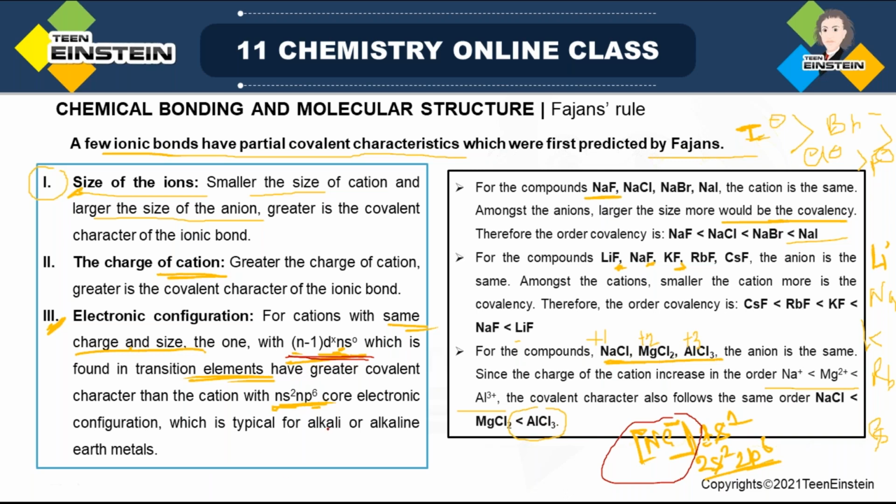The cation with the first type of configuration, (n-1)d^x ns^0, will have greater covalent character compared to the cation having ns2np6 core electronic configuration. This is the outermost configuration and this is the core configuration, and this is typical for alkali or alkaline earth metals, that is group 1 and group 2. Fine, so example you will see.